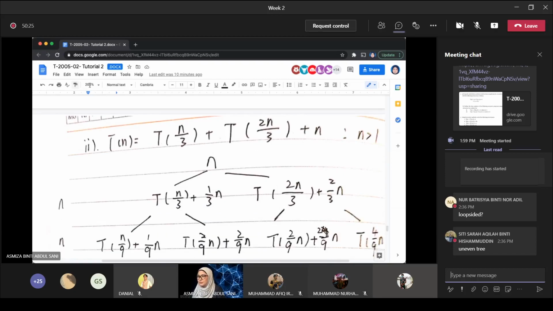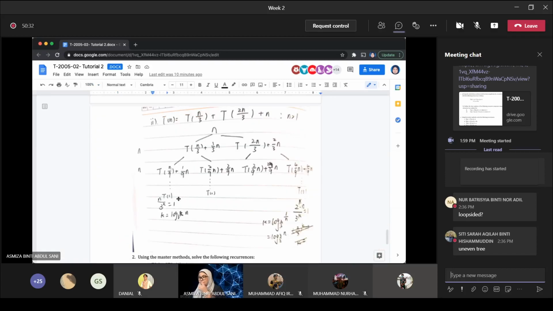Let me try to zoom up and see. Oh, okay. So this one, how did you do that? 1 over 3 and 2 over 3. N over 3, 1 over 3. So you're doing it one by one.